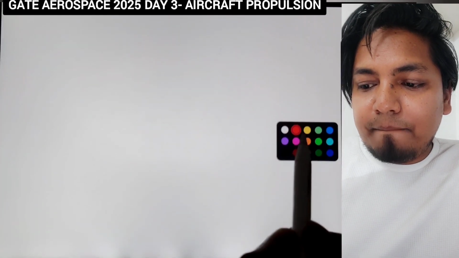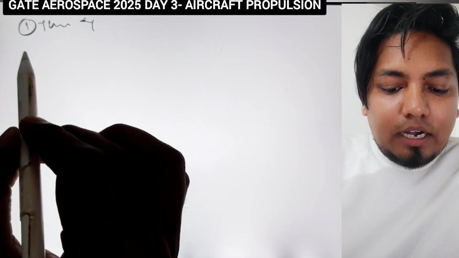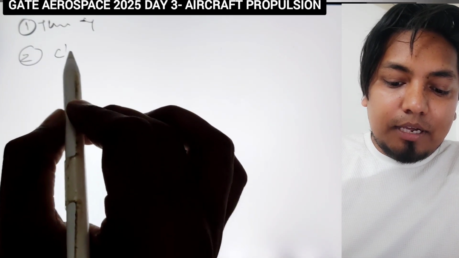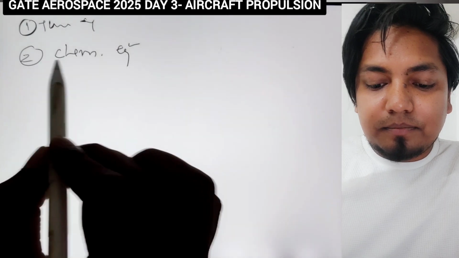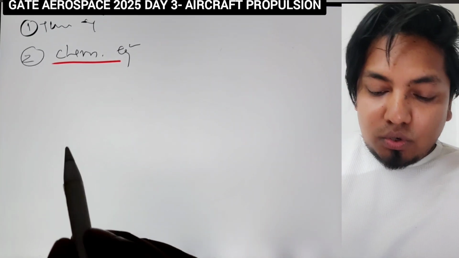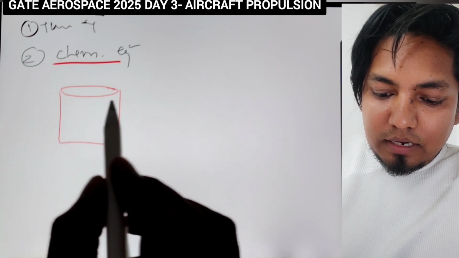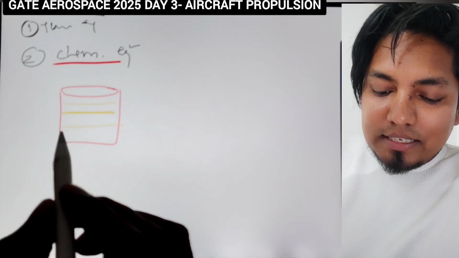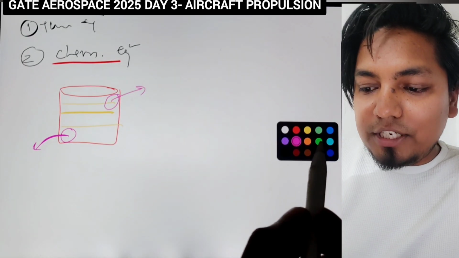Changing the page. So first was thermal equilibrium. Now the second is chemical equilibrium. What happens in chemical equilibrium? Suppose I have a liquid like this. I collect a sample of the liquid from this corner and a sample from this corner, and test them in the lab.